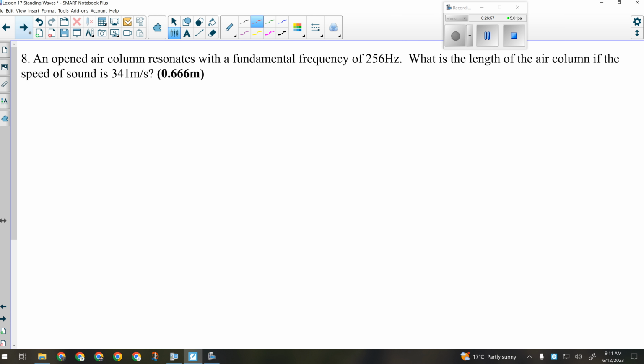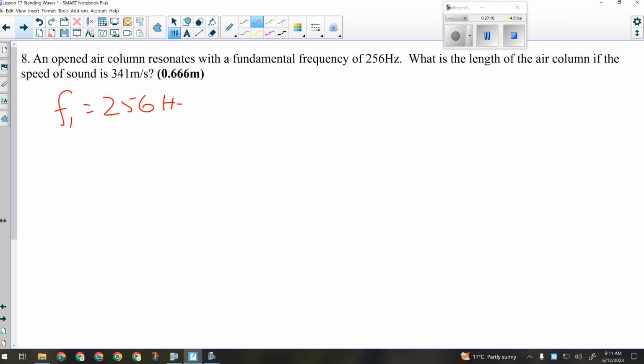Oh, that's bad luck. Should have thought of that before I made that question. What's different about this one? It's open. So this open air column resonates with a fundamental frequency of 256 hertz, same as the last one.